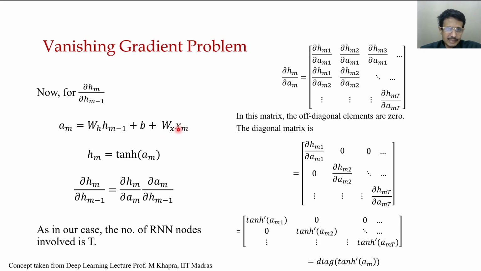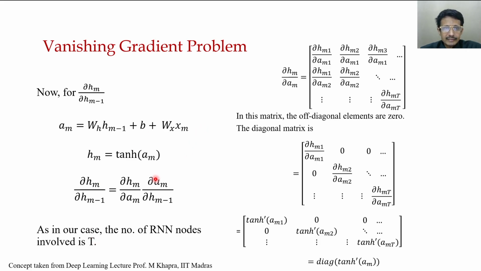Now for this particular h, this is a constant kind of term, so it can be collected. So if we have del of hm by del of hm minus 1, then it is del of hm by del of am, times del of am by del of hm minus 1. In our case the number of RNN nodes is t, it may be a bigger term.